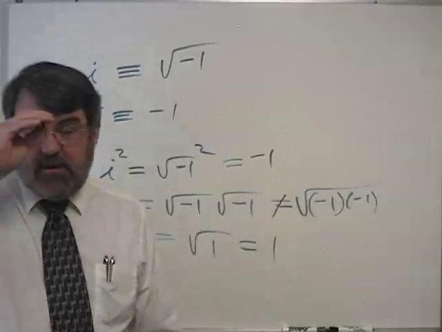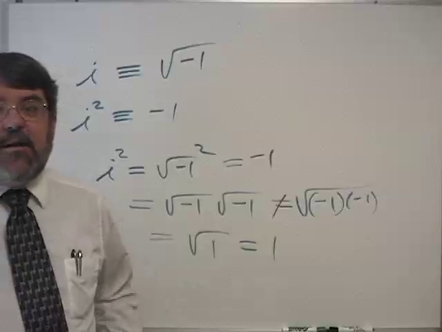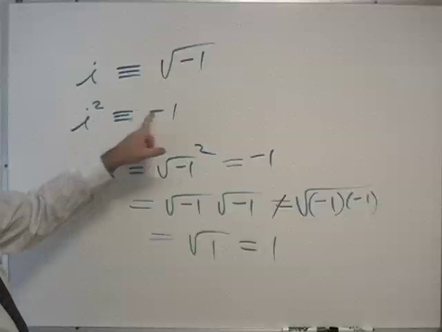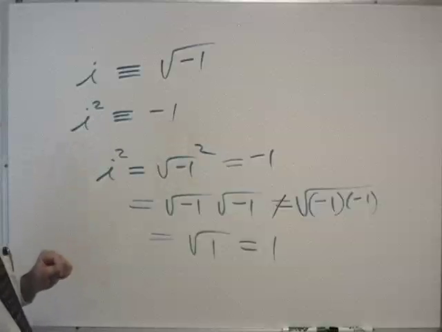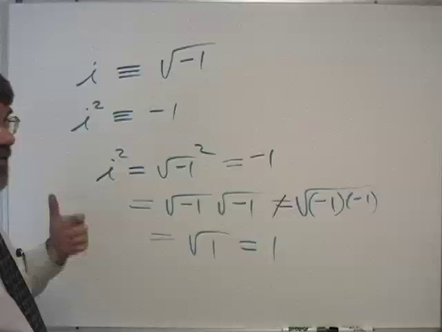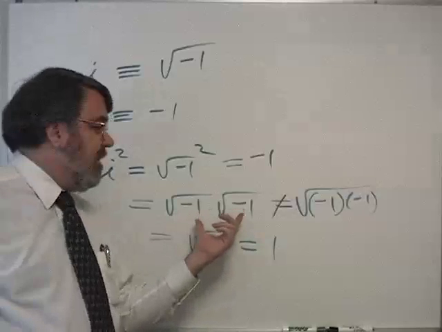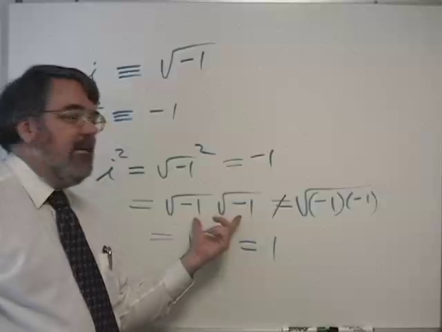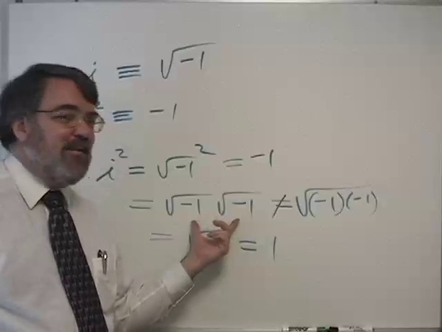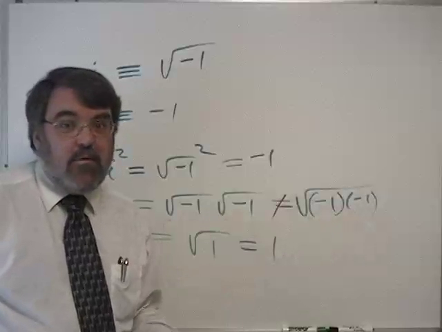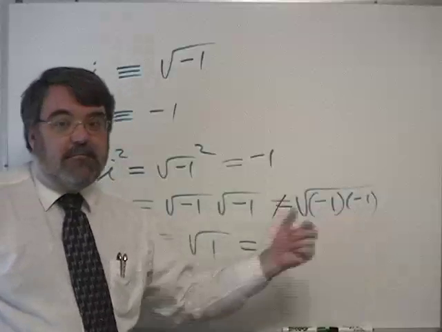So it turns out life works out a lot better if we just, by definition, declare that i squared is equal to negative 1. And in so doing, then we have to declare that the rule that says we can combine numbers together when you're multiplying square roots no longer works if both numbers are negative.